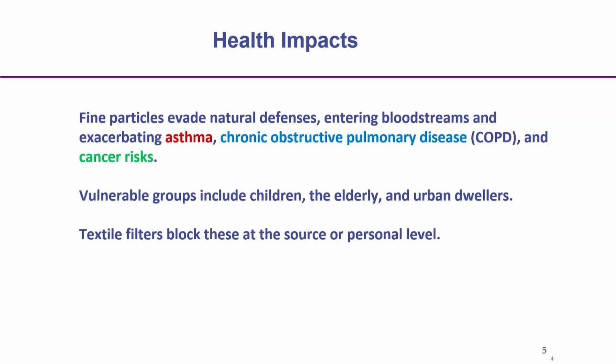Textile filters block pollutants at the source. You can block the pollutants at the source like a bag house, which arrests particles from the cement industry or a power plant.